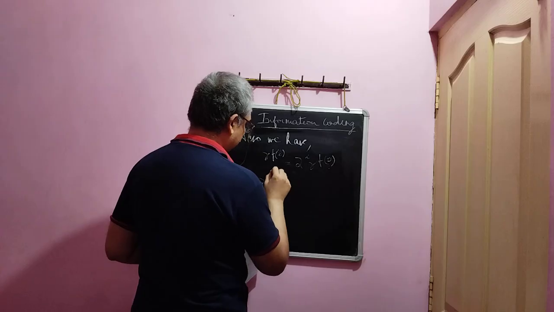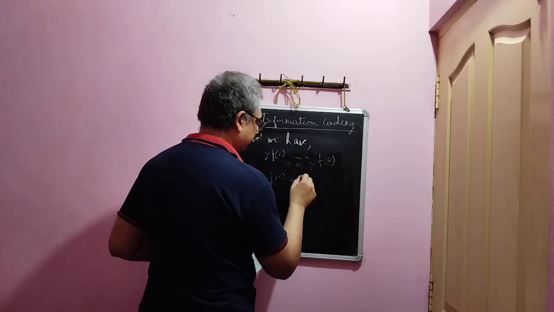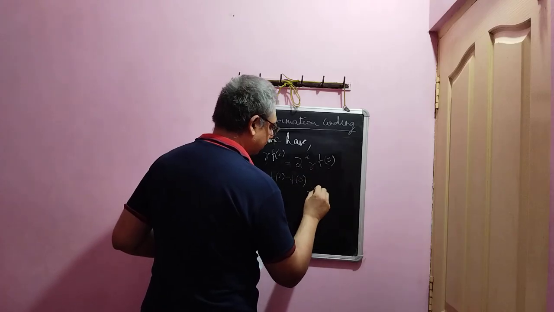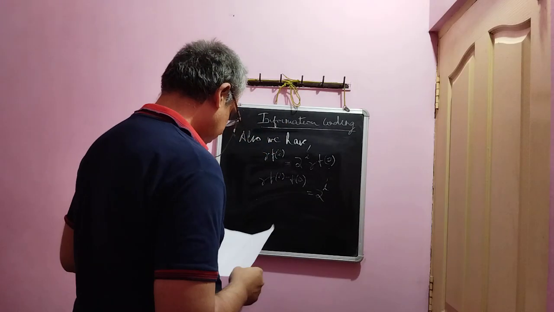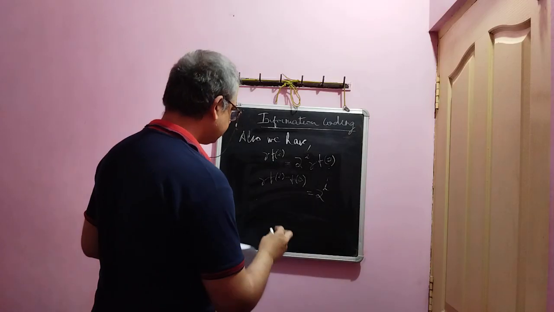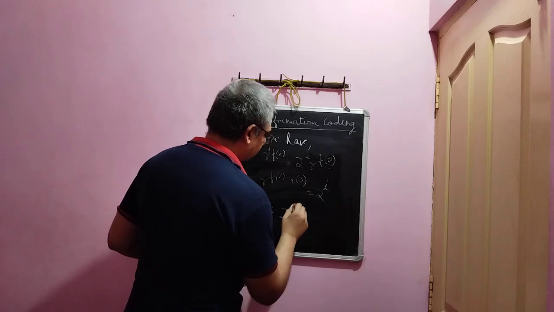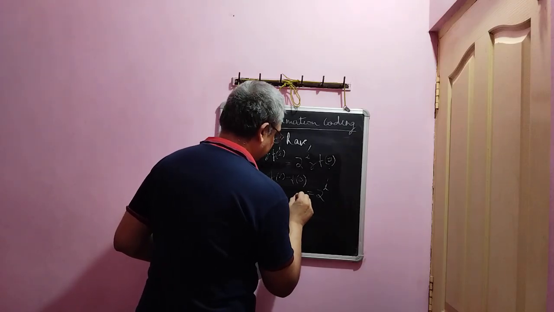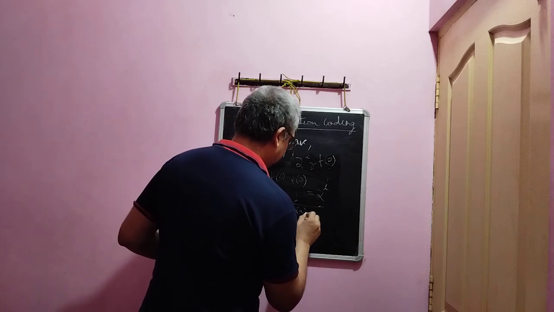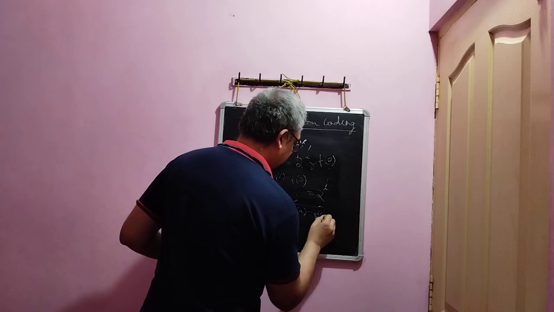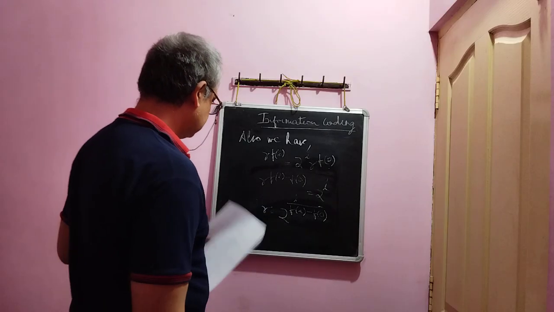Therefore r power f of I minus f of 0 equal to 2 power I, which gives you r is equal to 2 power I by f of I minus f of 0, right?